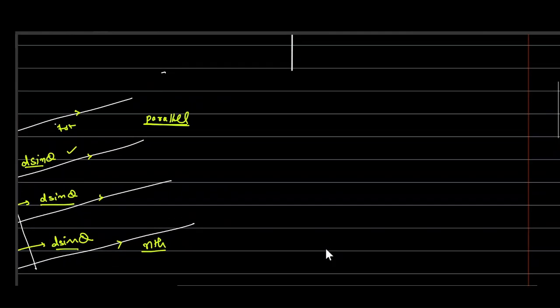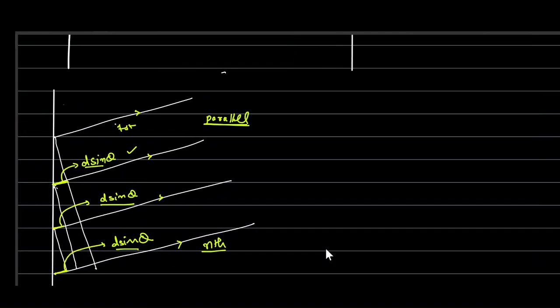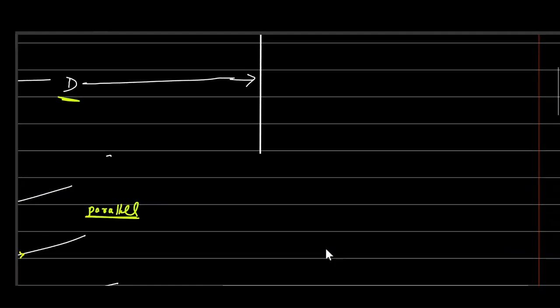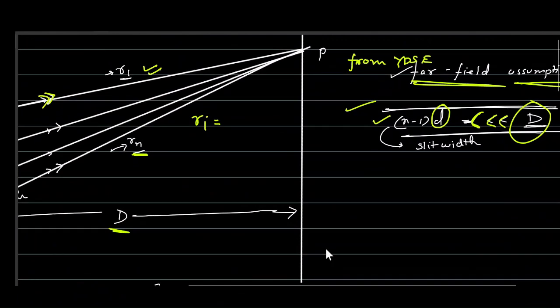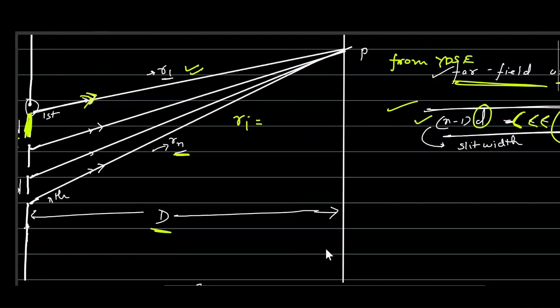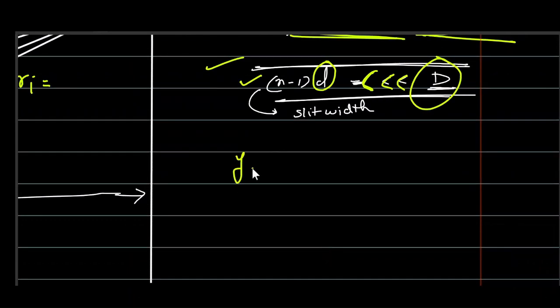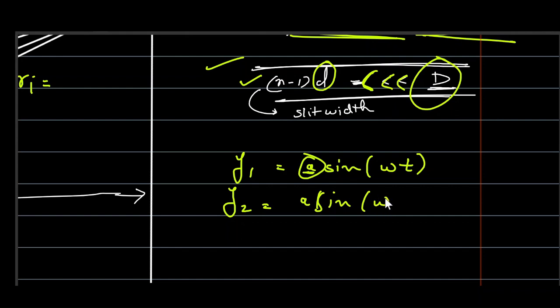Now we can write the equation of the waves originating from the first, second, and so on till the nth slit. Let's say the wave originating from the first slit has an amplitude of a, so we can write a sine omega t. From the second one there is some path difference, and consequently they will have a phase difference.